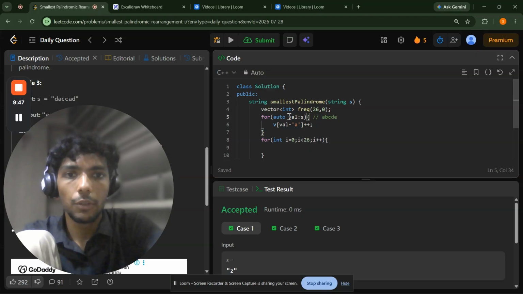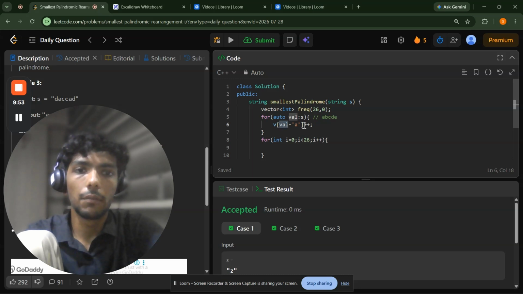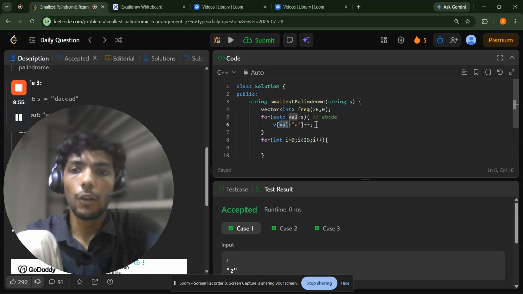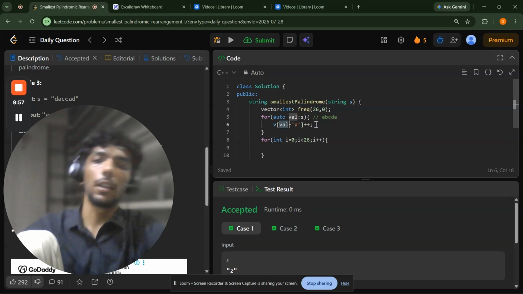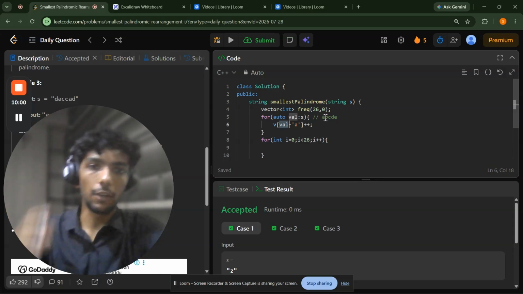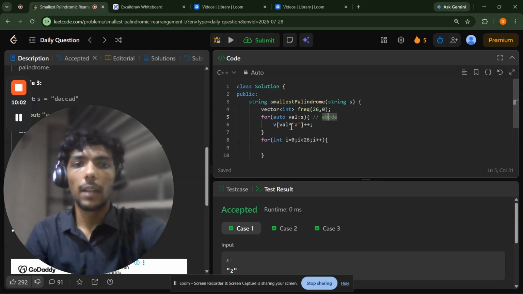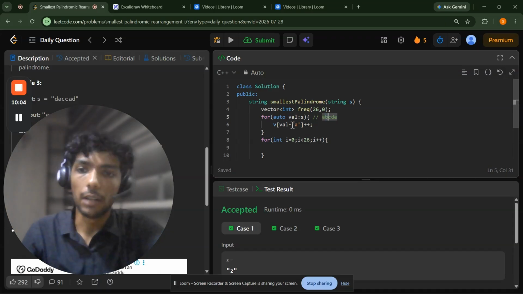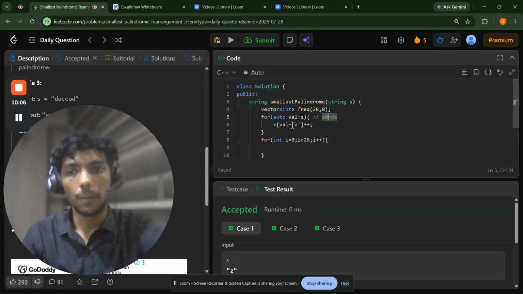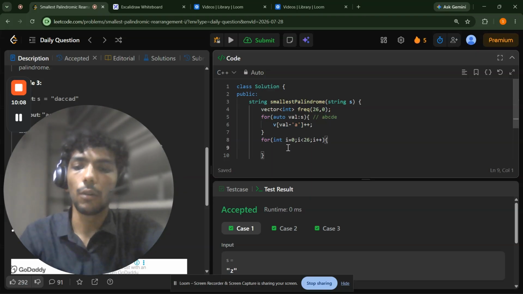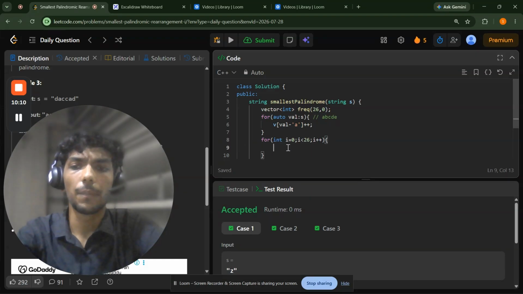At this position val will be A, and val A minus A will be 0, so at index 0 we will increment. So the counter of A will increment by 1. Now B minus A will be 1. What happens over here is that we consider the ASCII values.